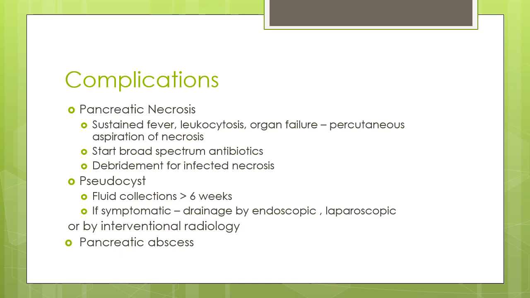These following complications may develop in patients who have acute pancreatitis. Pancreatic necrosis may need to be treated surgically and requires broad-spectrum antibiotics. Pancreatic pseudocysts are not uncommon, and pancreatic abscess development marks a more serious condition for patients with acute pancreatitis.